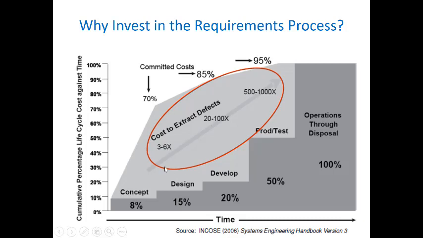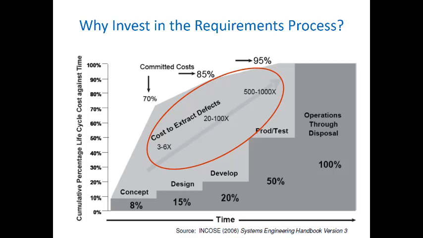However, during the design phase, based on the decisions that we make, we commit ourselves to about 85% of the cost of the project that will be spent later on. In other words, during the design phase, we decide on how we are going to produce our system, what materials we are going to use, what technologies we are going to use, what type of service we are going to provide during the maintenance phase, how we are going to deal with the disposal.